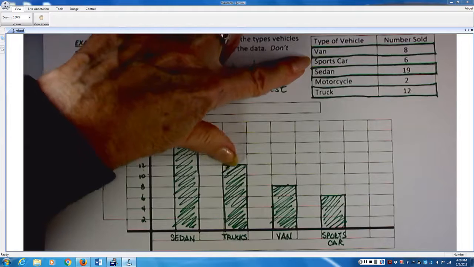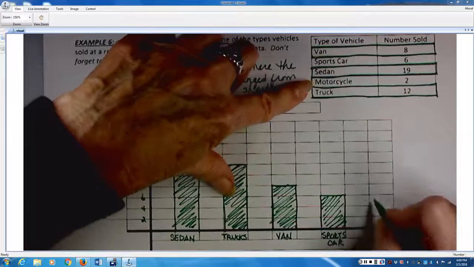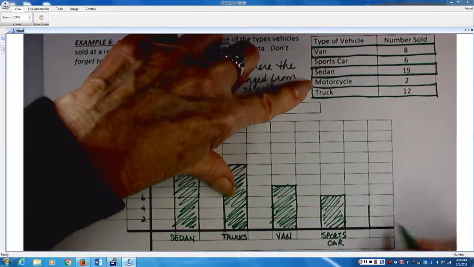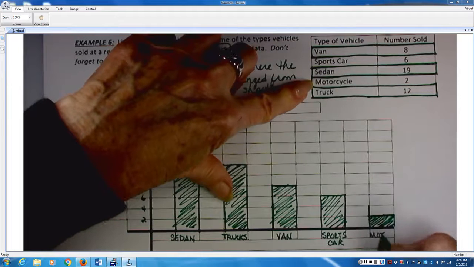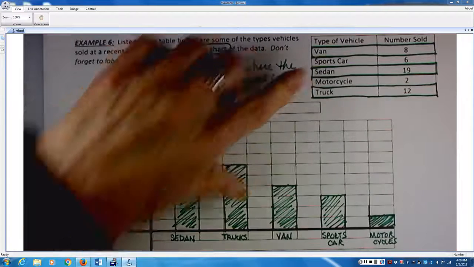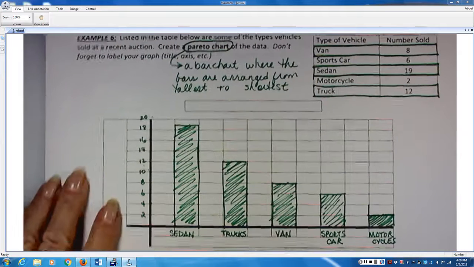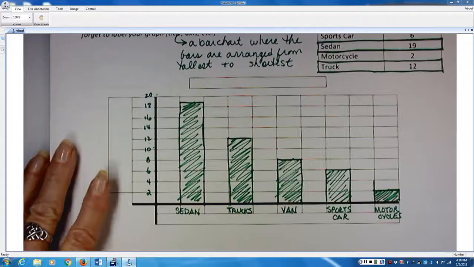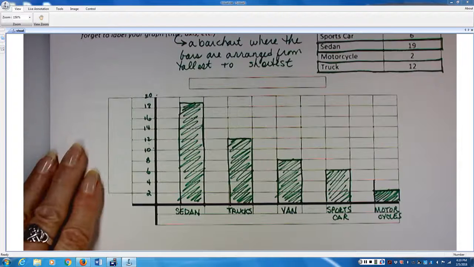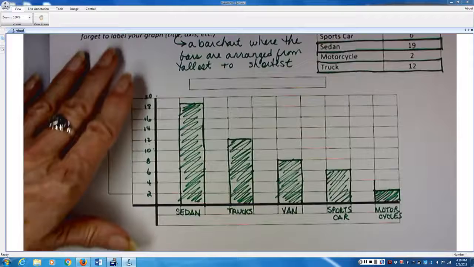And then the last one is going to be the motorcycles. And it only goes up to 2. So that's called a Pareto chart. The bars are in order. Just like my other charts, I need to label the axes and label the chart.